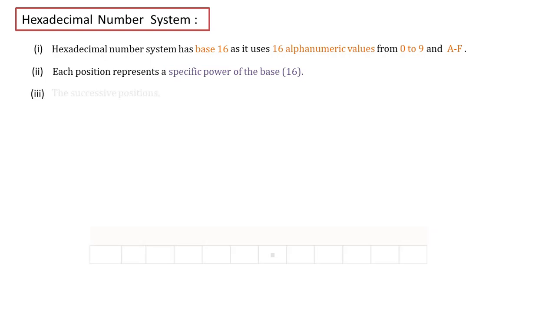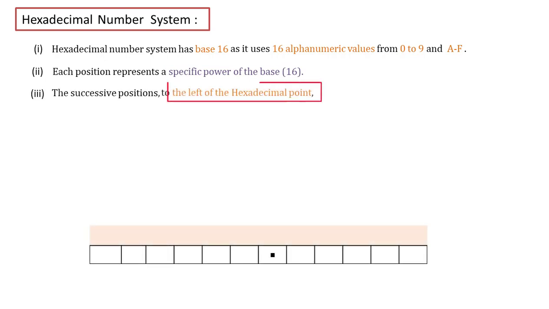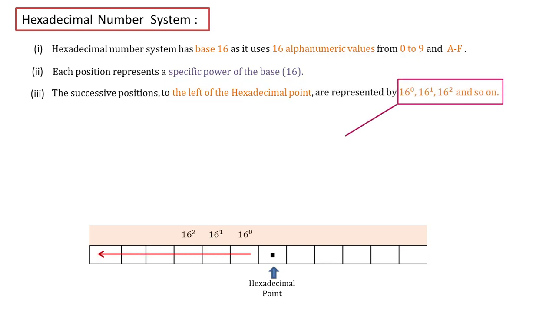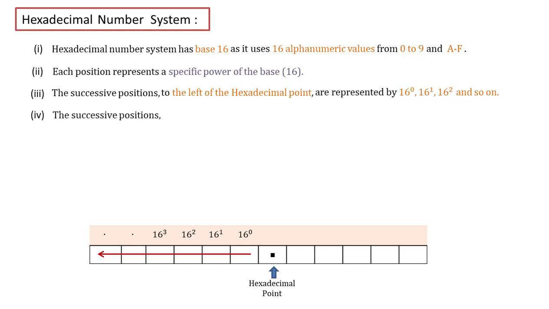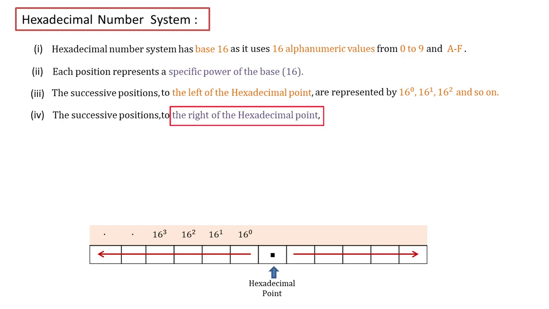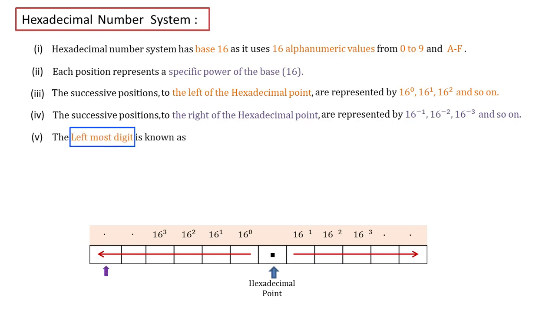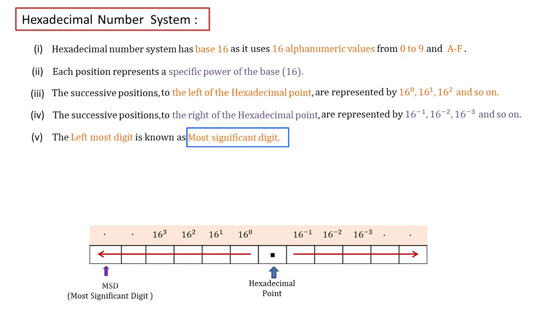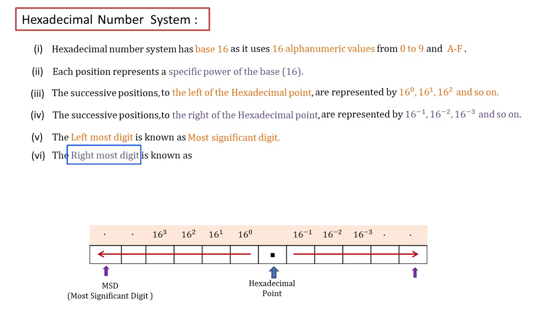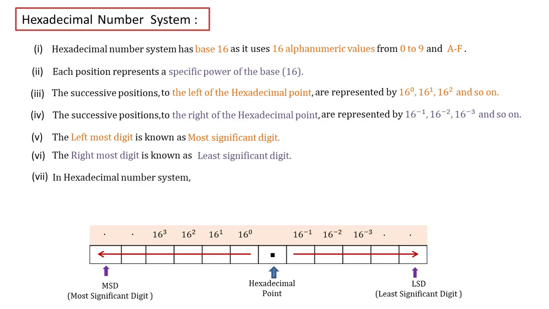Third, the successive positions to the left of the hexadecimal point are represented by powers of 16. Fourth, the successive positions to the right of the hexadecimal point are represented by negative powers of 16. Fifth, the leftmost digit is known as most significant digit. Sixth, the rightmost digit is known as least significant digit. Seventh, in hexadecimal number system, any number is represented as a sum of digits times powers of 16.